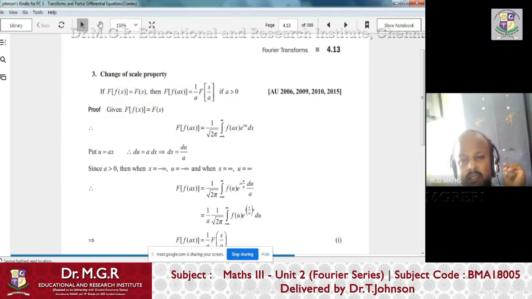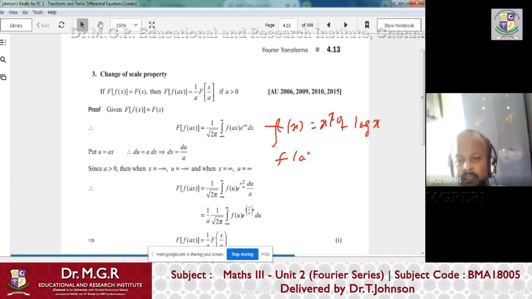What is the meaning of this? Whenever a function is given, if we change the variable from x to ax, then the function itself becomes a bigger function. For example, if f(x) is x squared plus log x, or x power 10 into log x, then f(ax) is (ax) power 10 plus log of (ax).